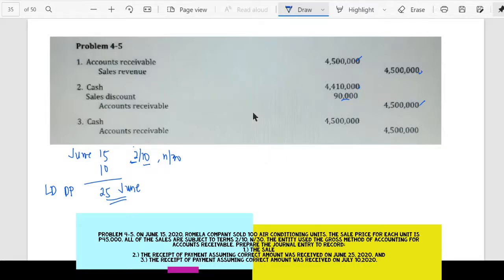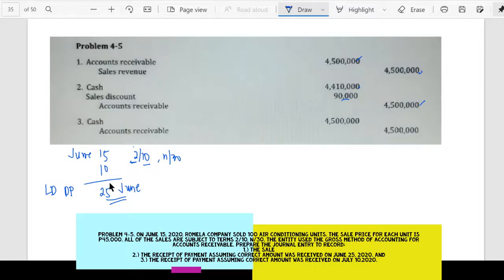Next is, what if the correct amount was received on July 10? Remember, the last day para na ay discount is June 25, and if it's July 10, it's already overdue. Ay, not overdue, di ay kaya overdue kay mula pa sa 30 days. Wala na yung discount kung July 10 na.